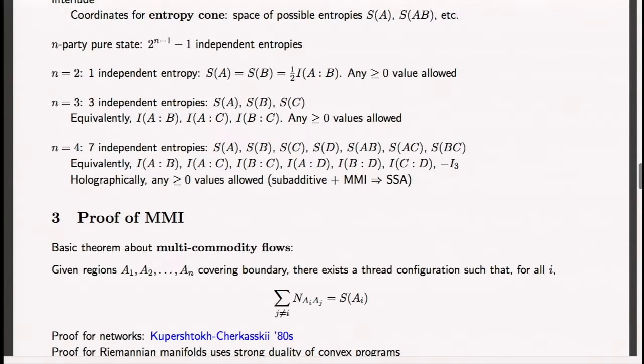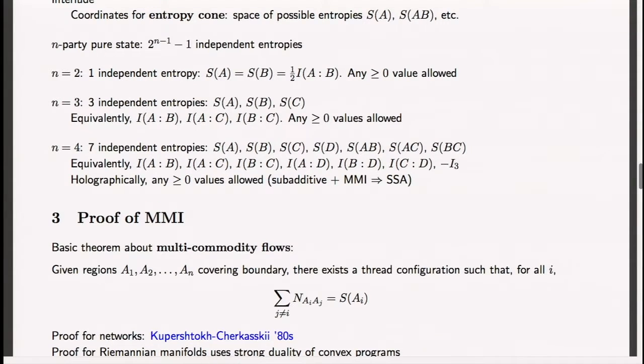I'm going to give examples in case that wasn't clear what I mean. Here n_{A_i A_j} is the number of threads connecting A_i to A_j, and the total over j not equal to i is equal to S of A_i, which is the maximum possible connected to A_i, connecting A_i to its complement.